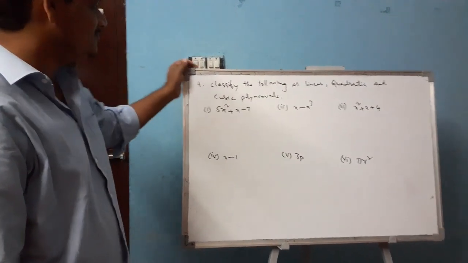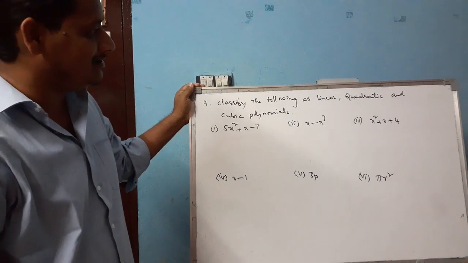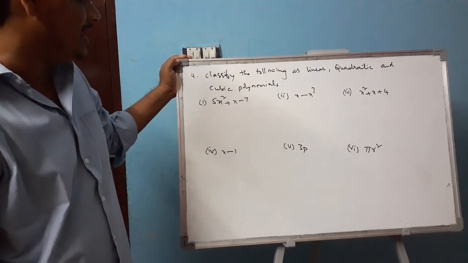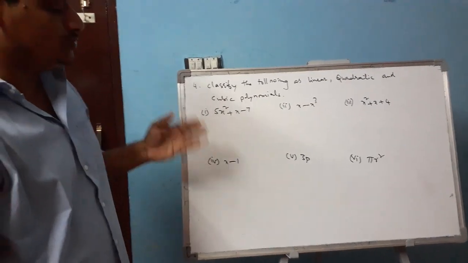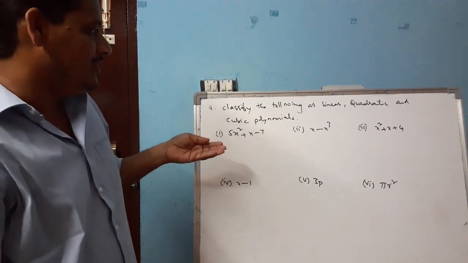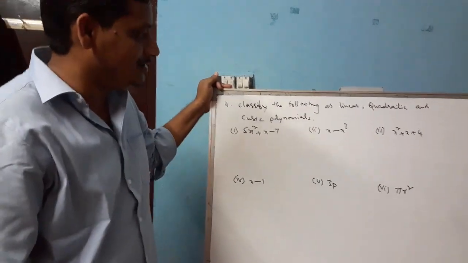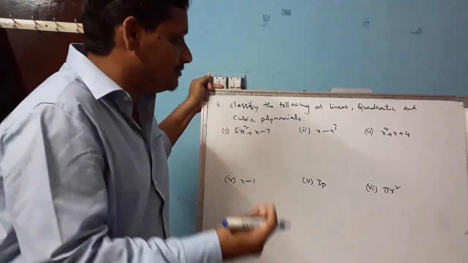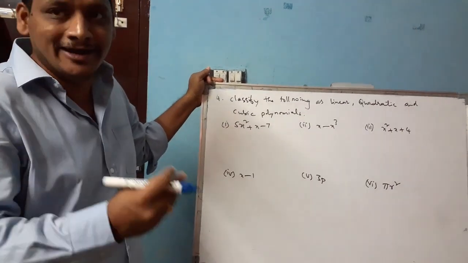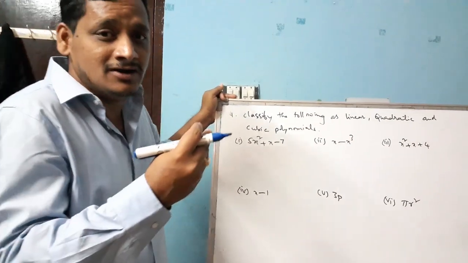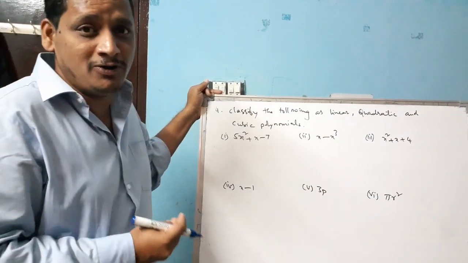The fourth problem: classify the following as linear, quadratic and cubic polynomials. We already know the types of polynomial according to degree, that is linear, quadratic and cubic. If the degree is 0, then it is a zero polynomial.